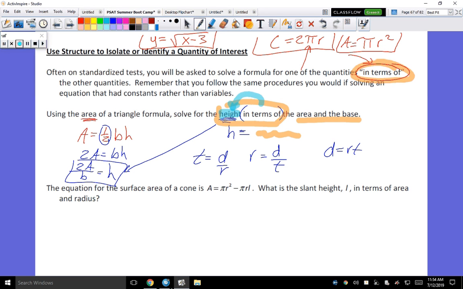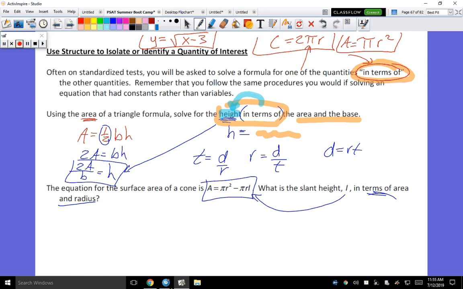You with me? Okay. So the equation of the surface area of a cone is this. What is the slant height? Basically, get L in terms of the area and radius. So get L alone. What should I do? Well, first distribute the pi. It's all good.